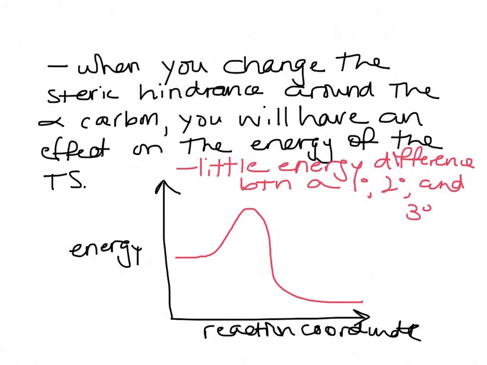So let's say the red line is a primary alkyl halide. We have our reactants, our products. So the primary alkyl halide would be right there. Now, I just said there's little energy difference between a primary, secondary, and tertiary alkyl halide. So in blue would be my tertiary alkyl halide. Because there's more steric hindrance around that alpha carbon, the transition state is harder to achieve.